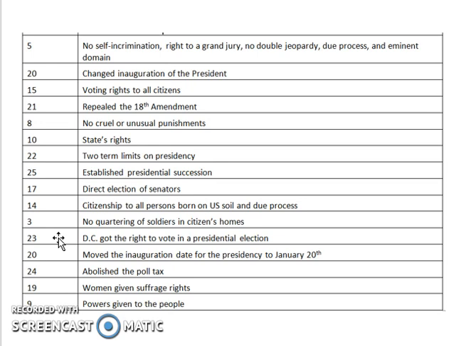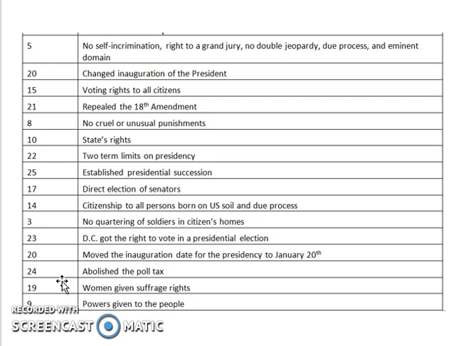The 23rd Amendment gave the District of Columbia, Washington, D.C., the right to vote in the Electoral College. They had not been able to vote, and now they can. The 20th Amendment, I repeated this one, it moves the presidency to January 20th. Okay. The 24th Amendment abolished poll tax. You used to have to pay in order to vote, and that really eliminated people who were poor from voting.